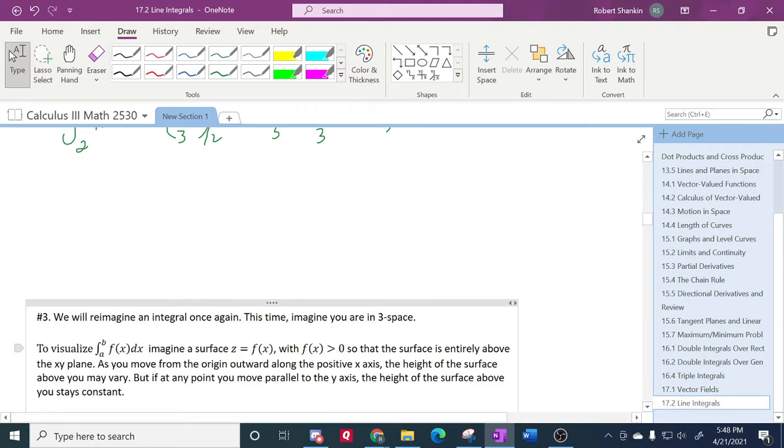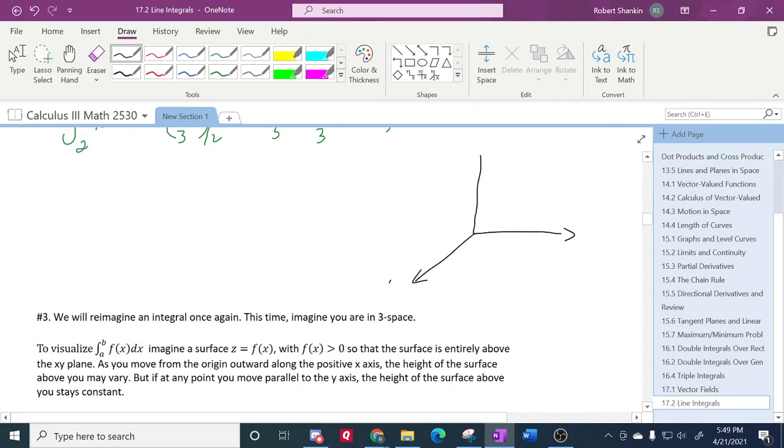So as you move from the origin outward along the x-axis, as I move in this direction, the height of the surface above may vary.